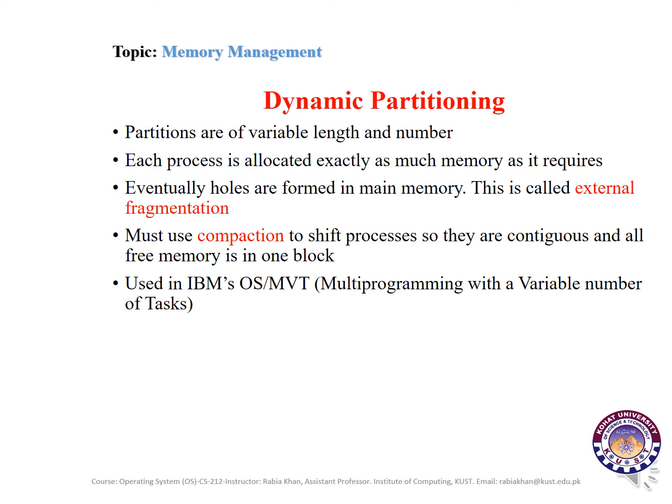In the start, memory is an empty strand and one by one partitions are created on the basis of the size of the processes. No matter how big or small a process is, an exact sized partition will be created for it in the memory, until we reach a point where very small spaces, also known as holes, are created all across the memory.